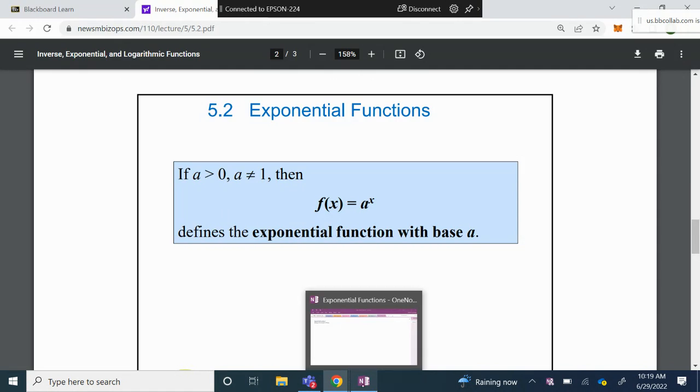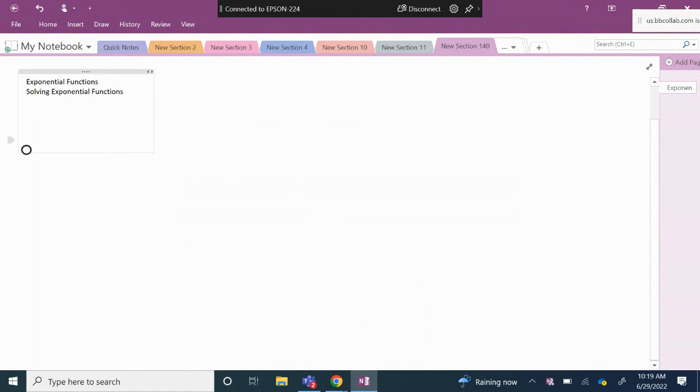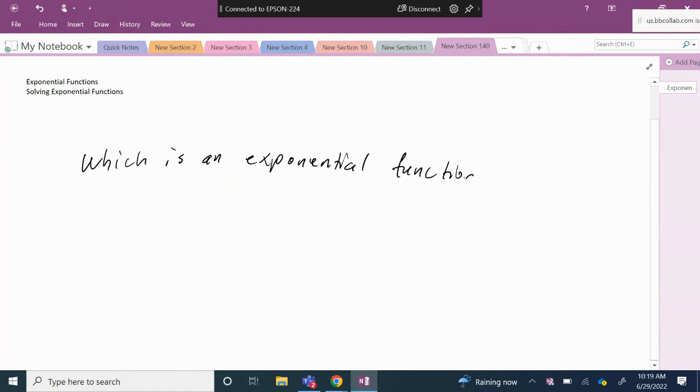For example, if we were asked which is an exponential function, and I'm just going to write a, which is y is equal to x squared plus 4x minus 1.